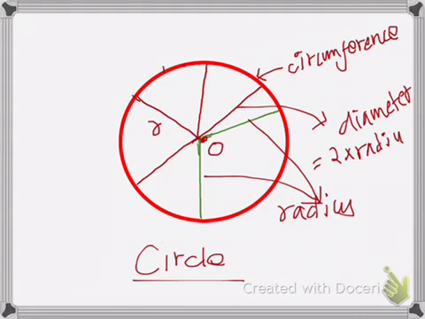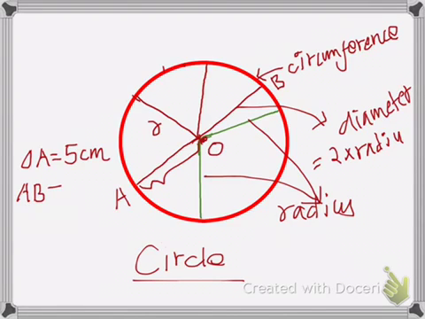Here O is the center of the circle, say point A is over here, and here is point B. If the length of OA is 5 centimeter, then we can say the overall length of AB, that is diameter, is twice the radius, which is equal to 10 centimeter. So the length that extends from point A to point B is 10 centimeter.